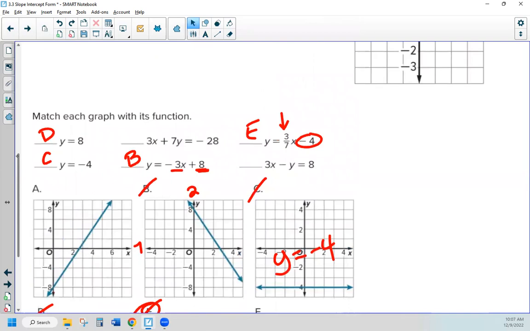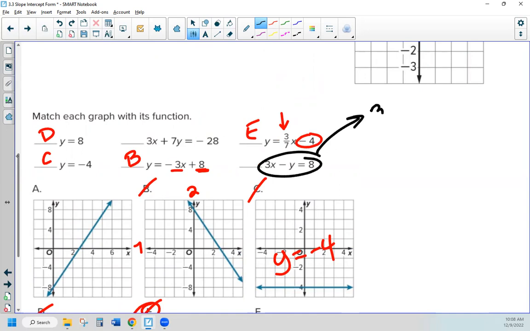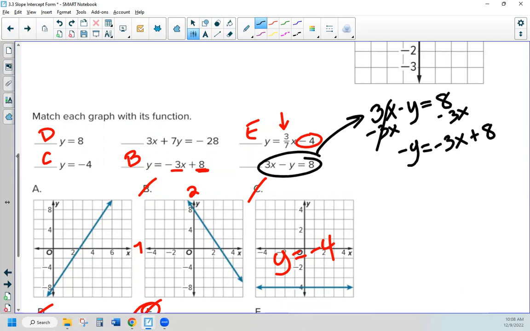All right, so let's go ahead and now get this one turned into slope-intercept form. We have 3x minus y equals 8. Take 3 to the other side by subtracting 3x. Now we have negative y. Don't forget that the negative is still there. +4. And now here, this is where a lot of students freak out. How do we get this negative to the other side?